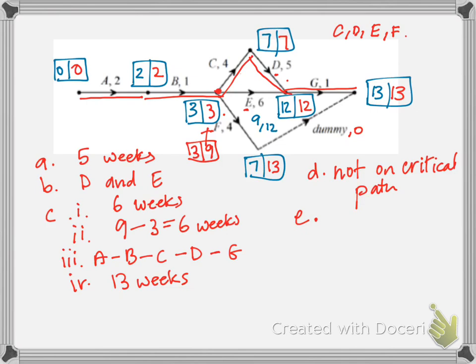But C and D are. So let's first look at C and D. If I look at C and D, it takes me 9 to get through. 4 and 5 is 9. So from here through this bit of the critical path is 9. And to get through E takes me 6. But I can actually reduce E as well.